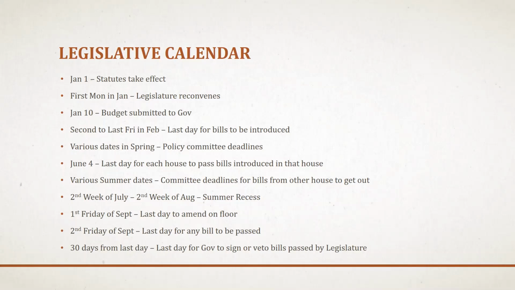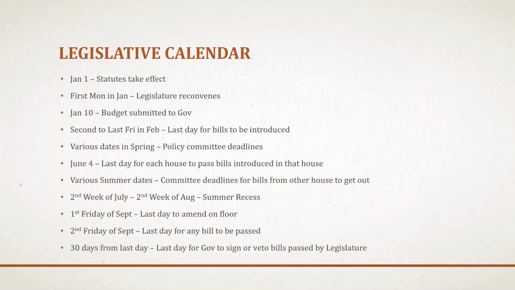So what's coming up? June 4th this year is the last day for the House to pass bills introduced in that House. Meaning if you're an assembly person, the last day for you to get a bill out of your house is June 4th. If it's still sitting in there, for the most part it's not going to pass this year. There are various summer deadlines for bills, and we have summer recess as well.